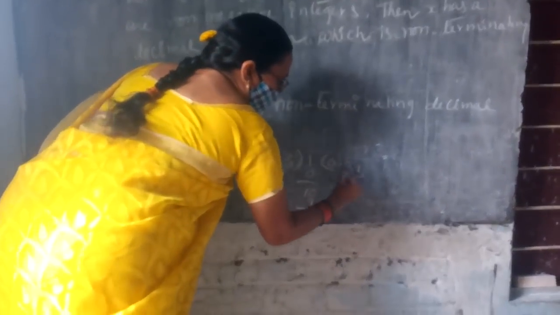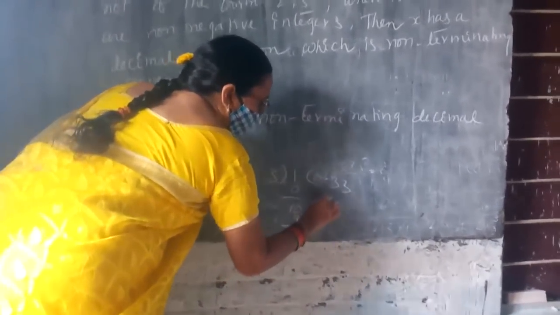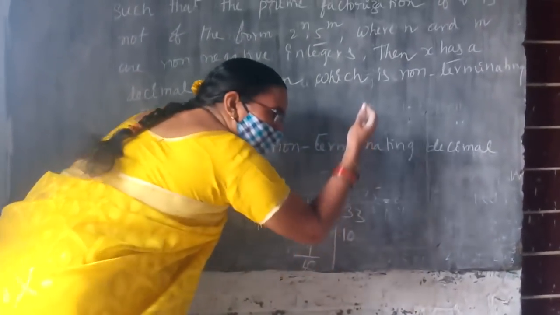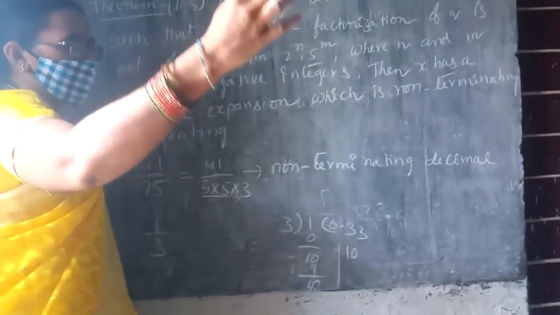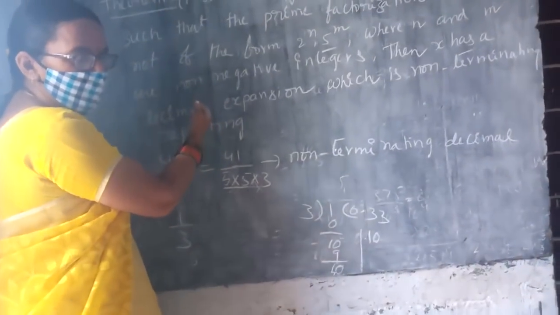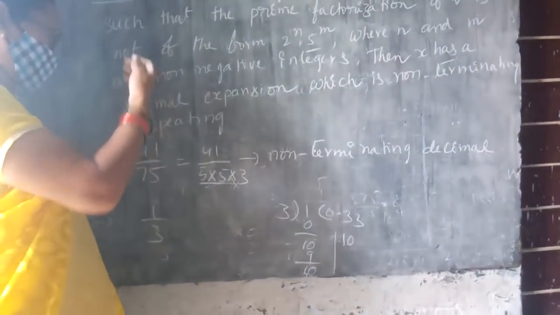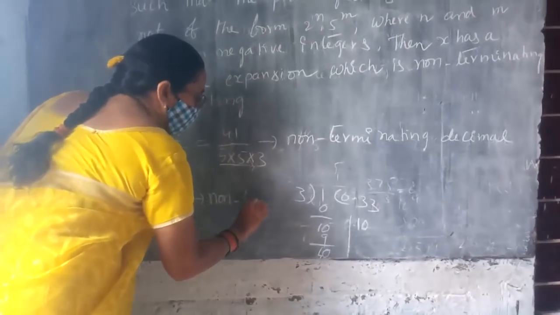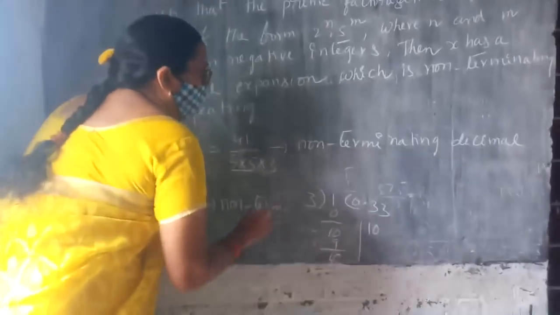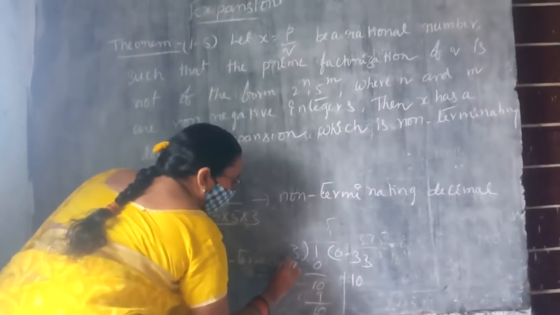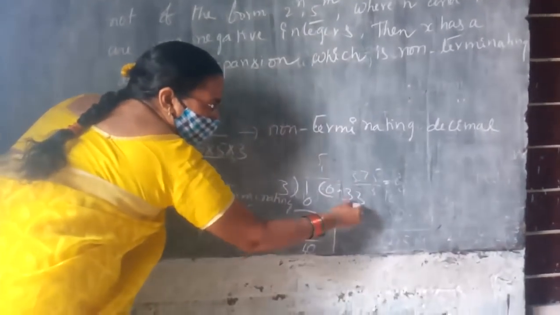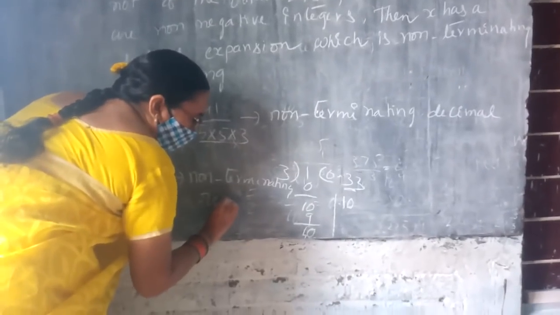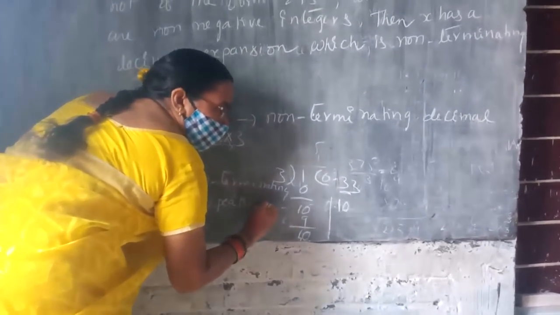How many times? 3 threes are 9. 1, 0. It continues. Yes or no? The theorem tells us, right? True or false? Yes, it is right. It is a non-terminating decimal, and what kind of decimal? Repeating. Are you understood, children?